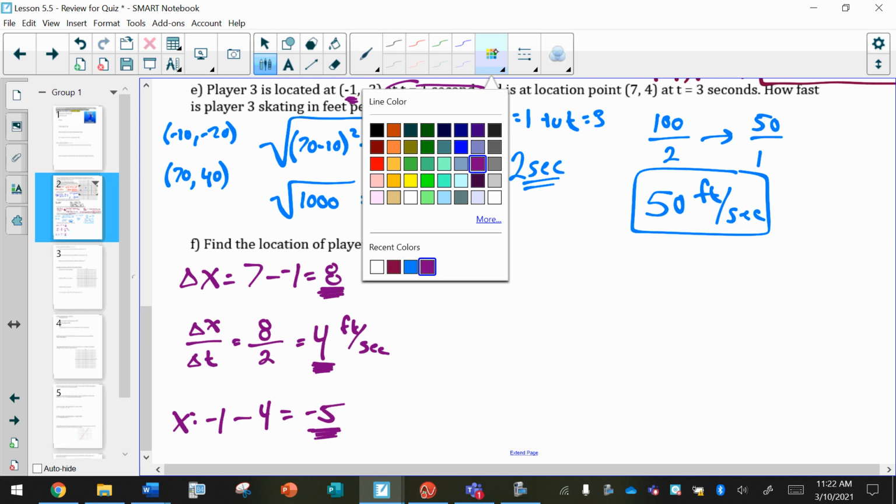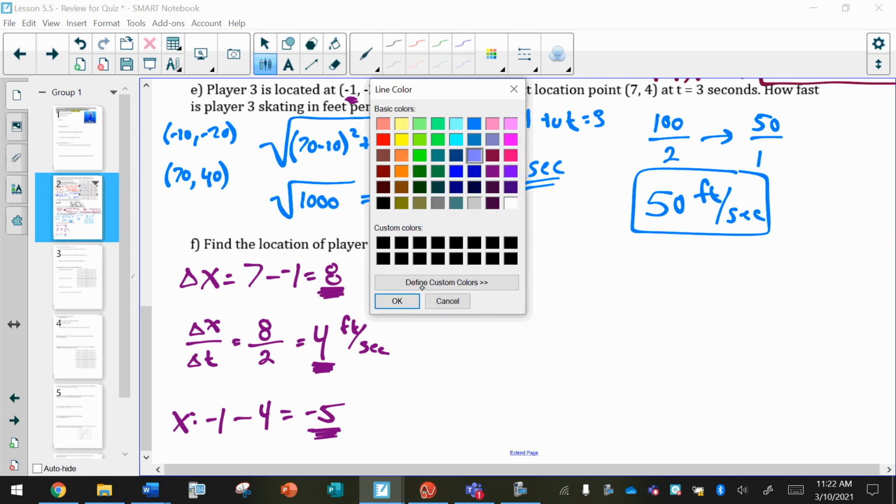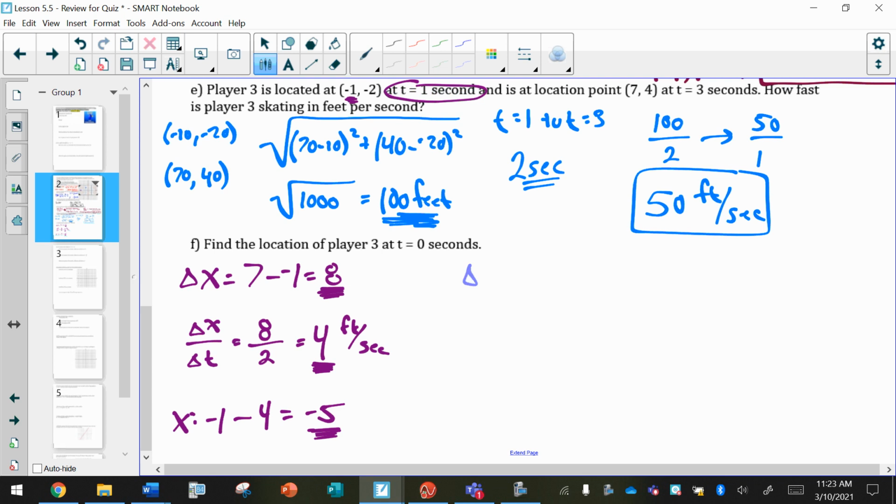Now we have to go through and do the same process with our y values. So we're going to find the change in y, which is y2 minus y1. So a vertical change of 6 units. We're going to take our change in distance divided by our change in time, so we can figure out how fast this hockey player is moving every 1 second.